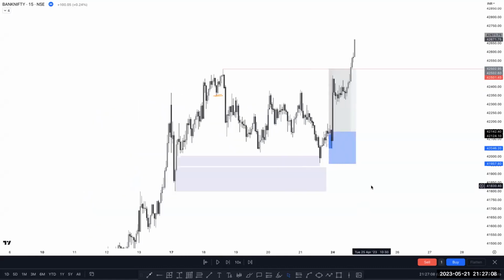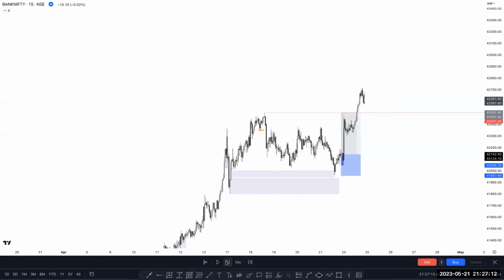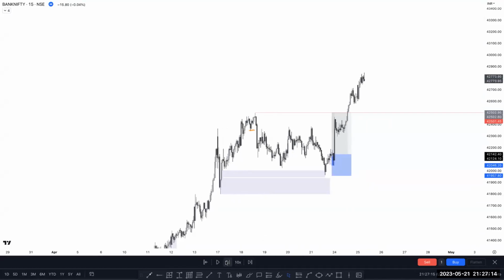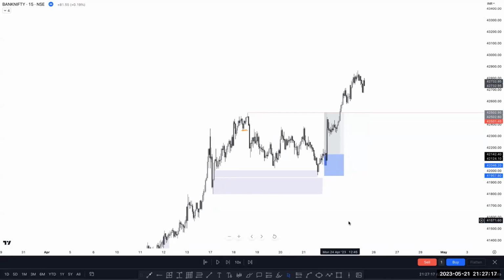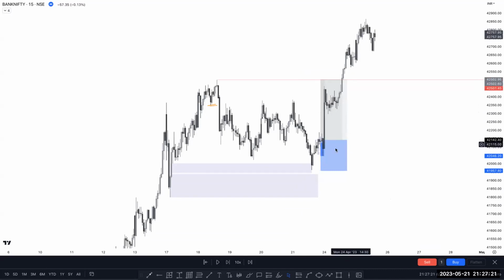All right, going good. Again, you have to follow the same thing, like taking out the inducement and then buy. So this is our first entry based on 1 minute time frame.